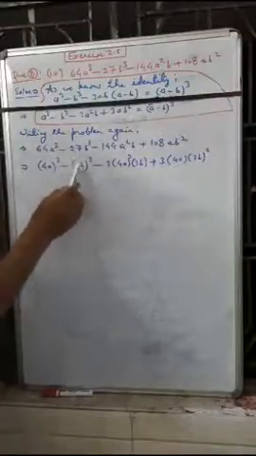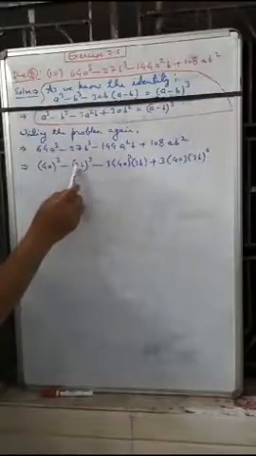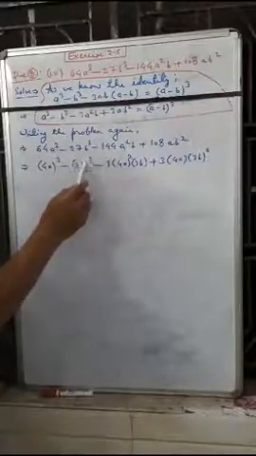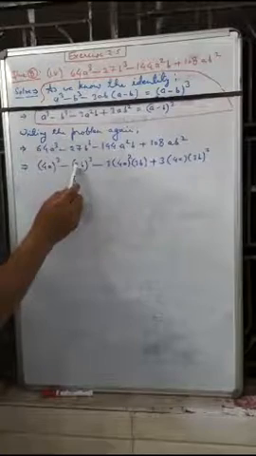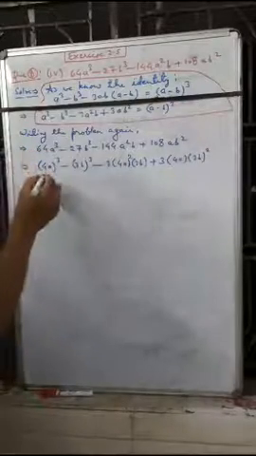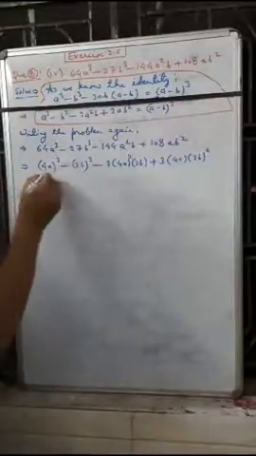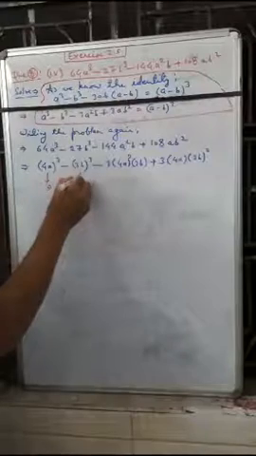And 27 we can write as 3b whole cube, b cube, since 3 times 3 is 9, 9 times 3 is 27. Now suppose the first term is a and the second is b.